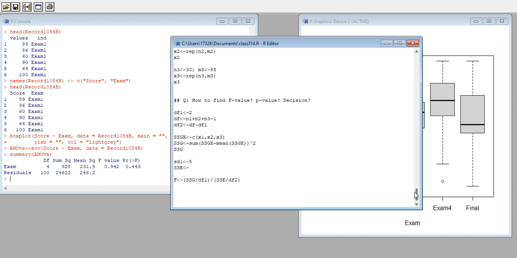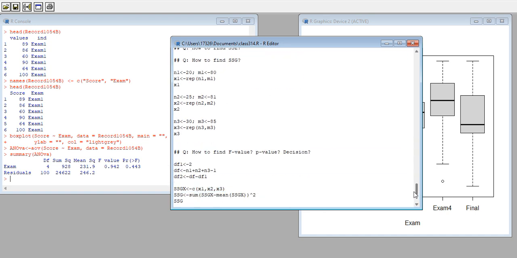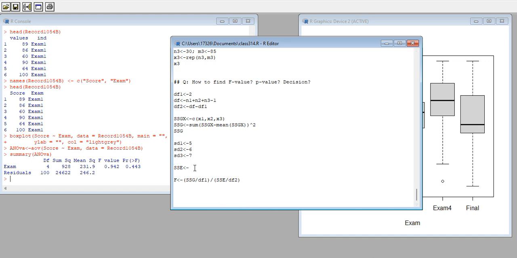Okay, so use semicolon. I just put SD2 is 6, SD3 equals 7. So those values are SD squared. So SSE equals SD1 squared.